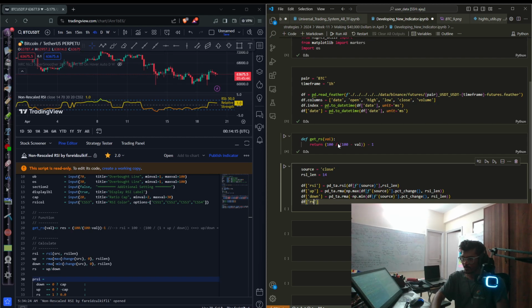Now RS, the non-rescaled RSI, is up divided by down.